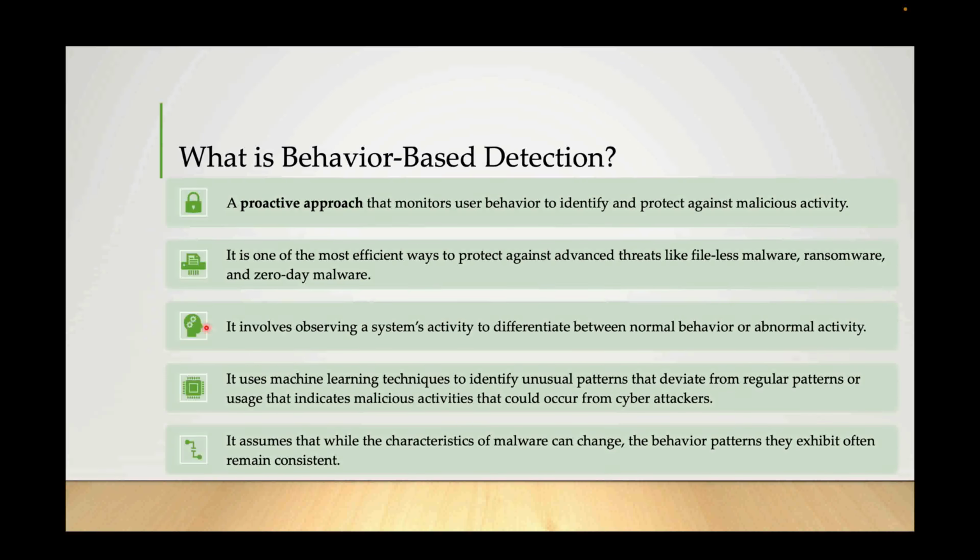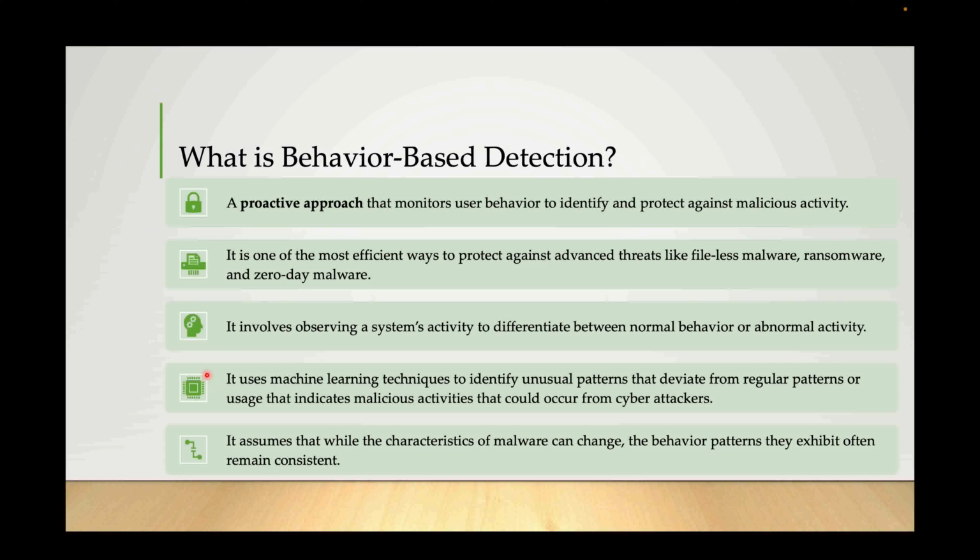It involves observing system activity to differentiate between what is considered normal and what is abnormal activity. It uses machine learning techniques to identify unusual patterns that deviate from the regular patterns of usage and that indicate malicious activities that could occur from cyber attacks.